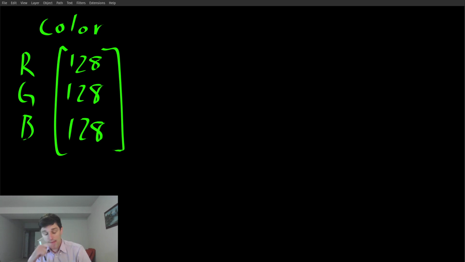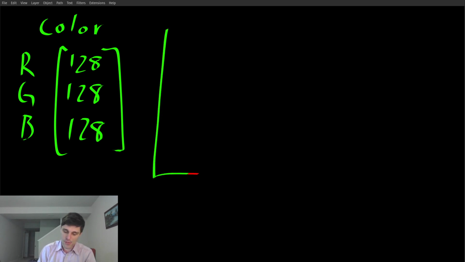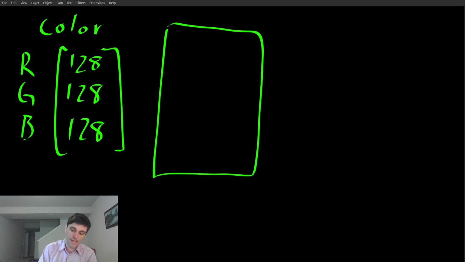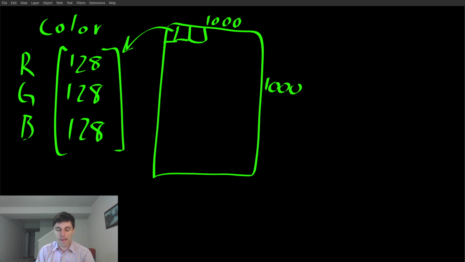And then you could imagine a huge vector that has all 3 of these for every pixel in an image, say. So imagine I have a full image, and for each pixel, I have all 3 of those numbers, right? If this is a 1,000 by 1,000 image, I can just stack them, just like we were talking about stacking.